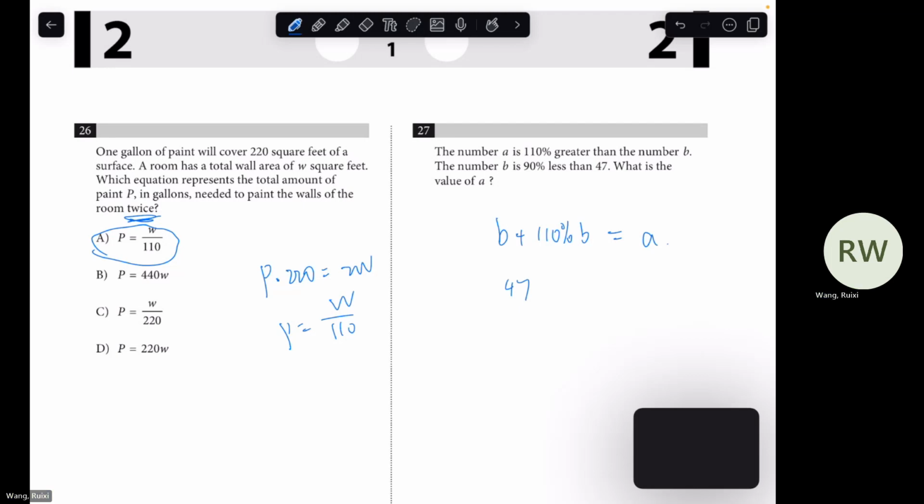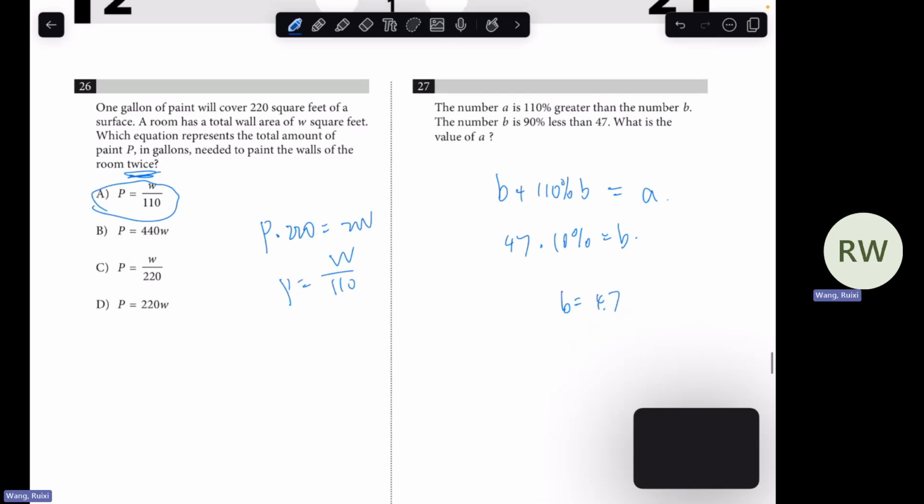Wait. So times 10% equals B, right? Yeah, it's a weird question. For the value of A, B equals 4.7, and then 2.1 times 4.7 equals A. Okay, that would be the answer.